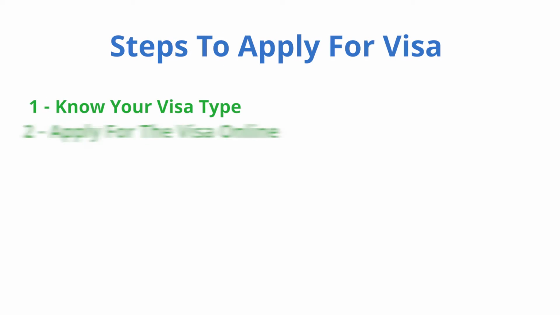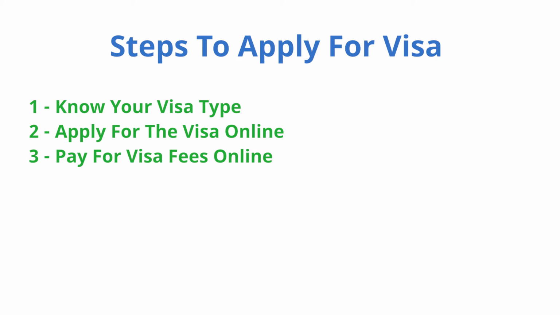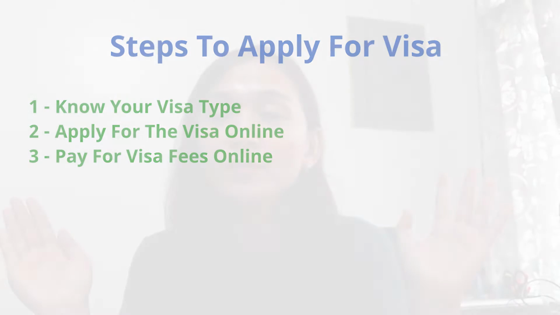After you fill out your online application via the website, you pay for your fees online. So again, everything is online. How much are the fees for the visa? Again, you need to know the type of visa because the fees vary.